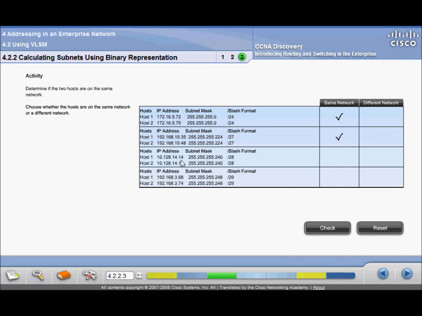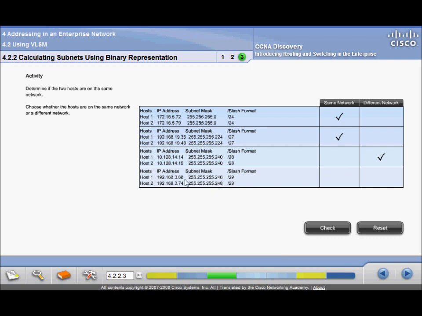Well, we can tell now if we start from 0, 0 to 15 would be one subnet, which means that's where that would fall. Then the next one would fall between 16 and 31, and so you get two different subnets right here. Two different networks going on. So they're on a different network.